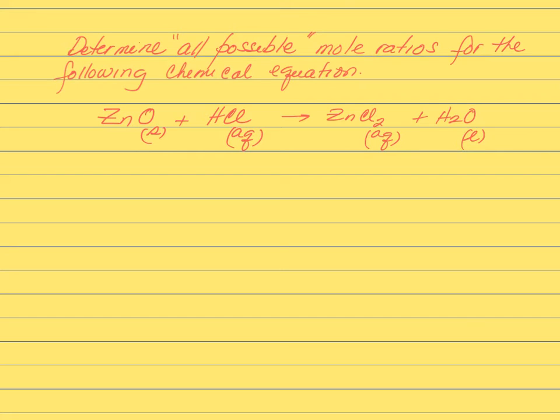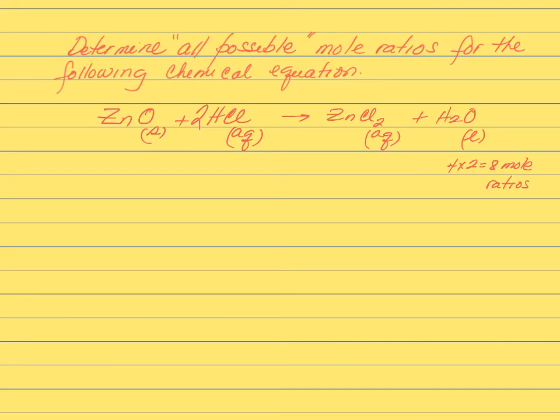But this equation is too easy, because with a 2 in front of the acid, you will balance your equation. You have 1 zinc, 1 oxygen, 2 hydrogen, 2 hydrogen, 2 chlorine, so it's already balanced. Once you have your equation balanced, you need to count the number of substances that are involved. 1, 2, 3, 4. So 4 multiplied by 2, 8 mole ratios.